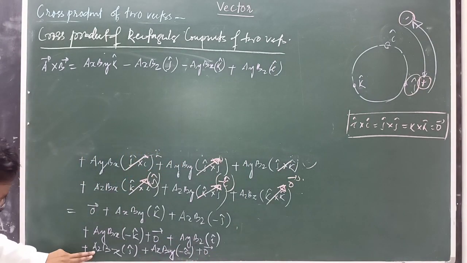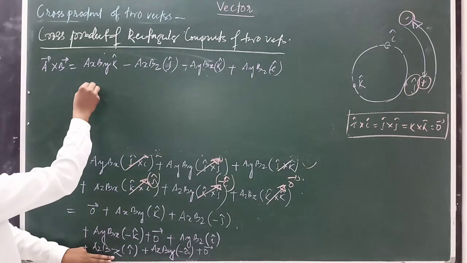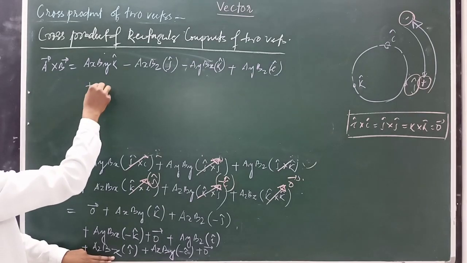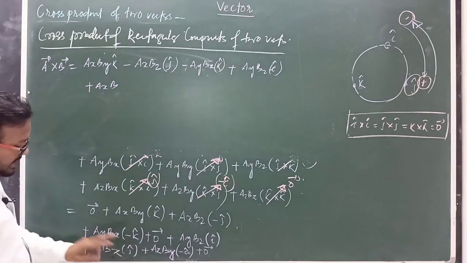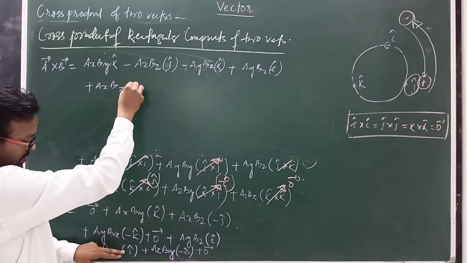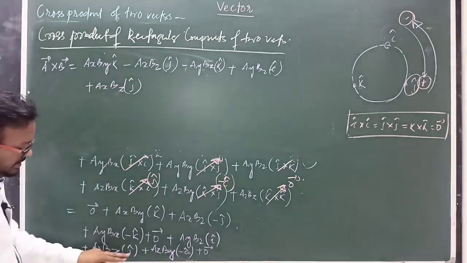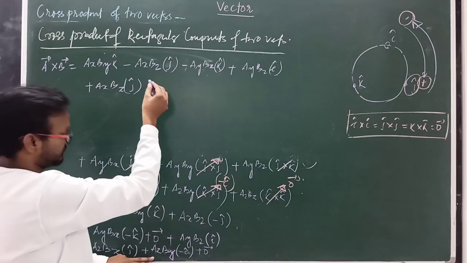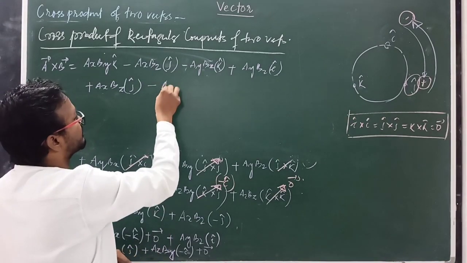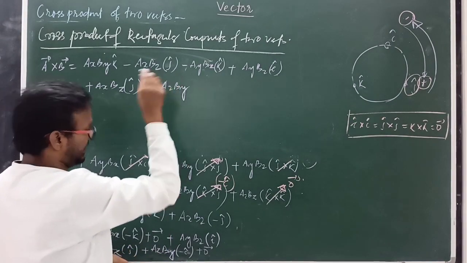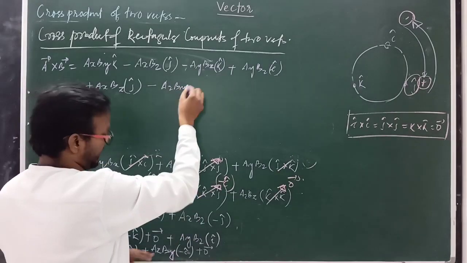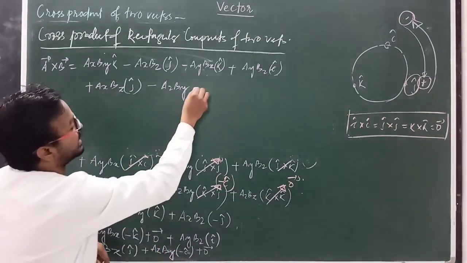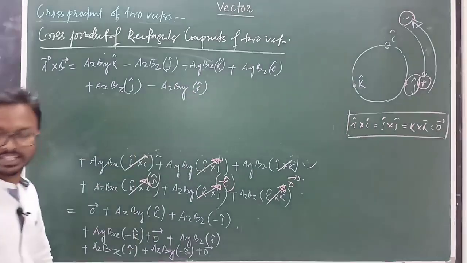Then last line az bx here positive, ax bz into j cap, minus az by here this is minus, negative sign, minus i cap. So here i cap. Clear?